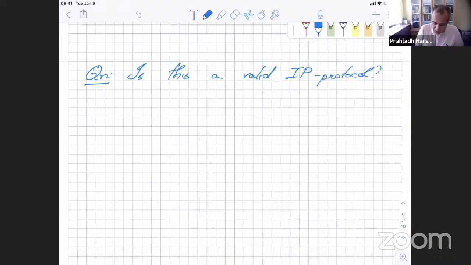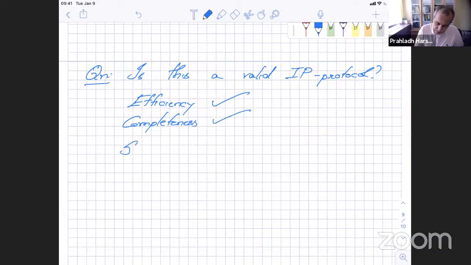I want to say efficiency is true, completeness is true, and soundness is what I want to ask.